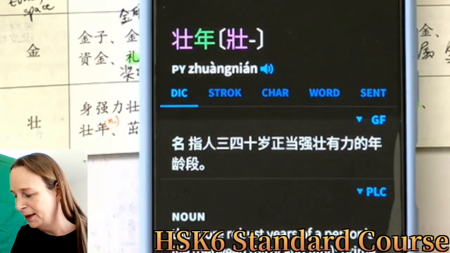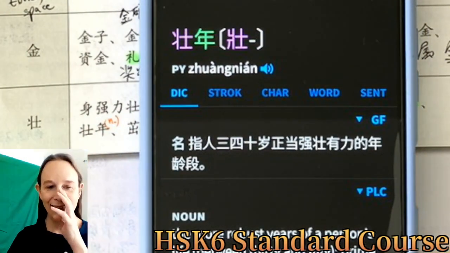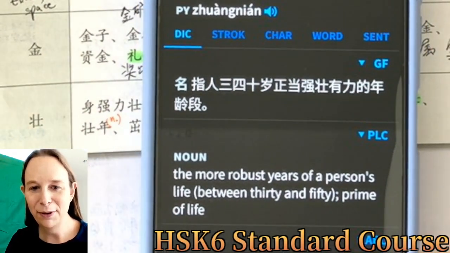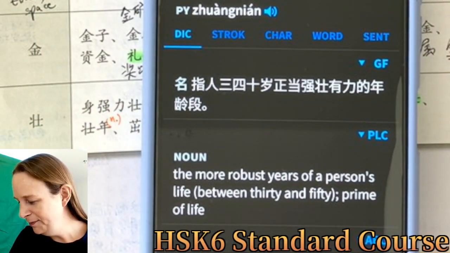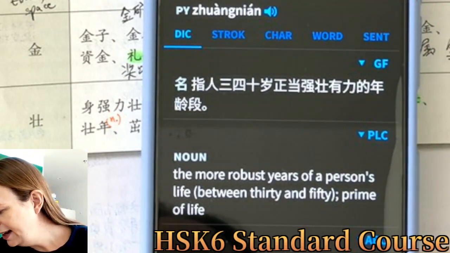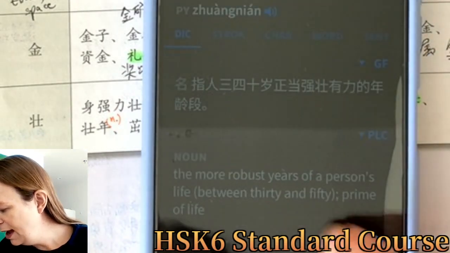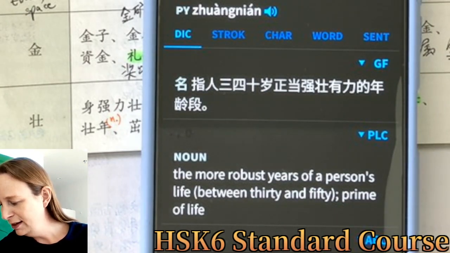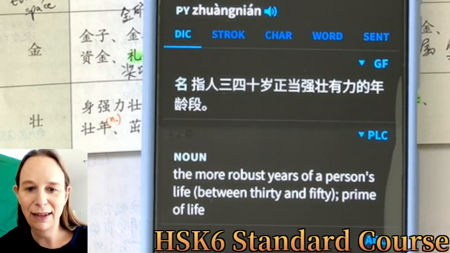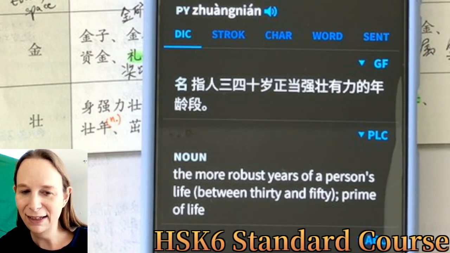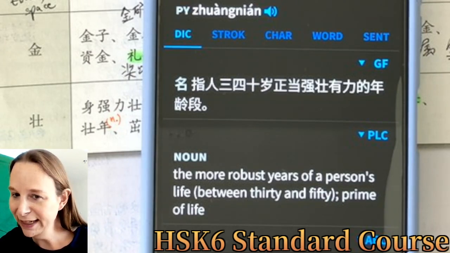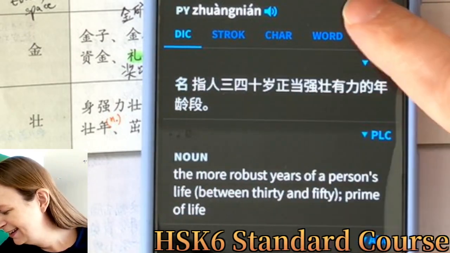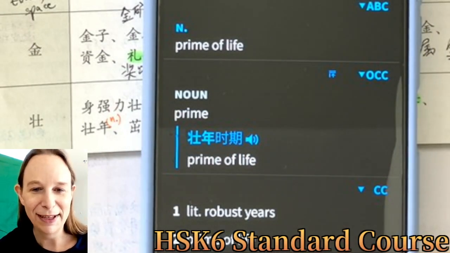So this is like the part of your life when you are sturdy. 正当强壮有力的年龄段. When I think of people who are strong and robust, I think of 20s and 30s. 40s? No. That's my age. We're not as robust as we used to be.